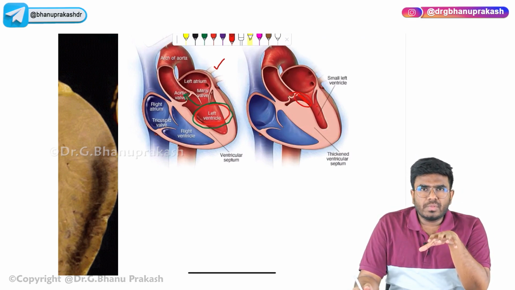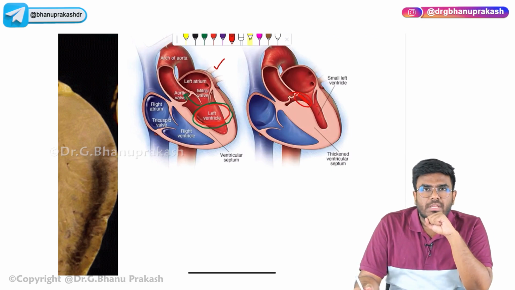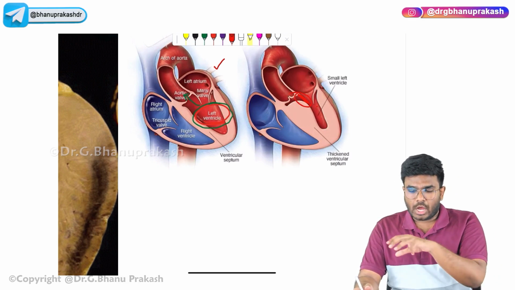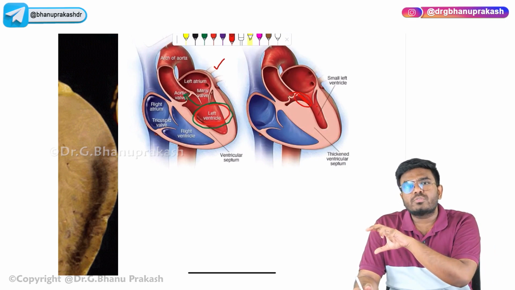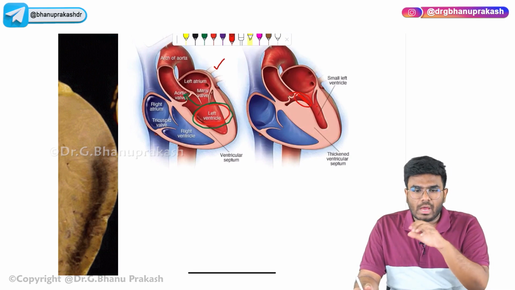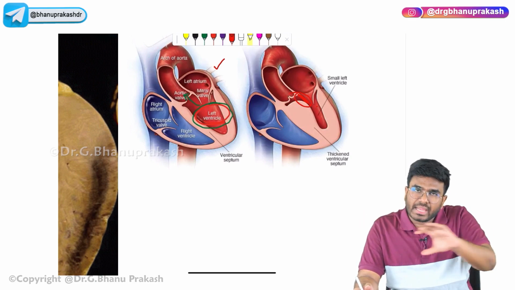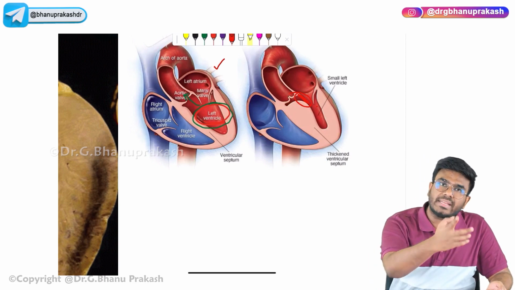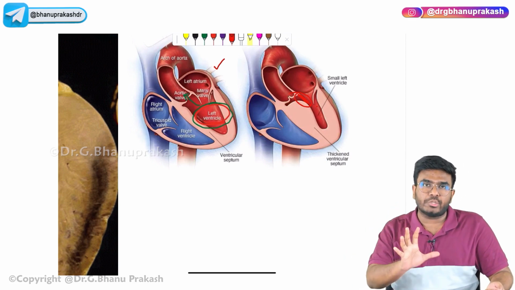Whenever you go to a railway station, your parents will ask you not to stand near the tracks, because the train goes with a very high velocity, 150 kilometers per hour. Whenever something is going with very high velocity, it will attract you, it will drag you towards the train.